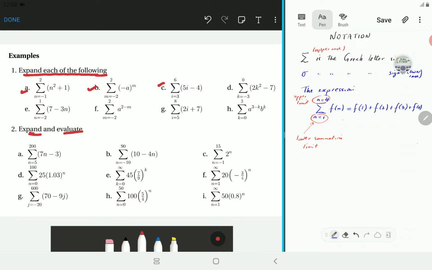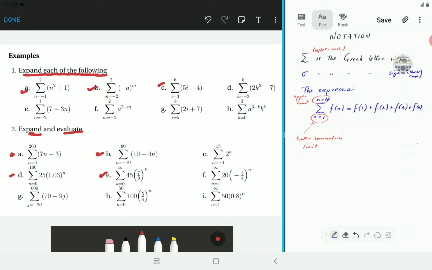Evaluate means find the value of. So in number 1, we're just going to expand. We're not going to find the value of the summation. But in number 2, we're going to find the value of the summation. In number 2, we're going to do A, B, D, and E. Then we'll give you some for practice.